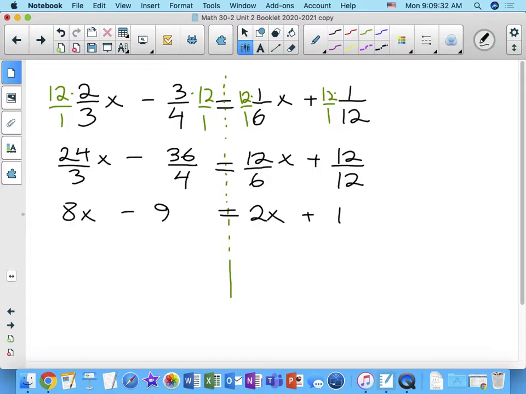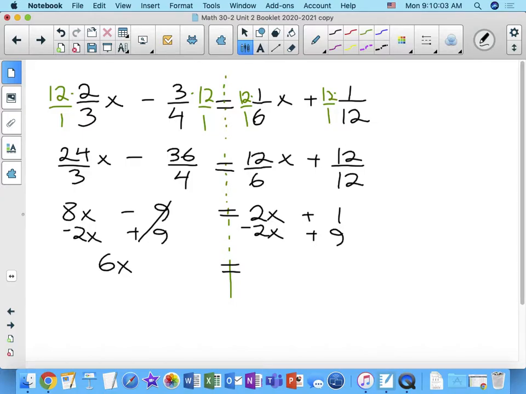Okay, so we could take our steps to collect all our x's to one side. Perhaps we'll bring our x's to the left side, so I'll subtract 2x from both sides. And then maybe I'll bring my numbers to the right side, so I'll add 9 to both sides. Getting ahead of myself here, right? And then the 9's on the left side cancel, so 8x minus 2x is 6x.